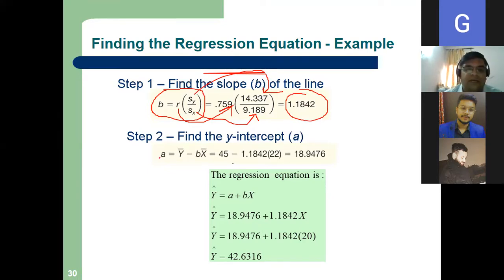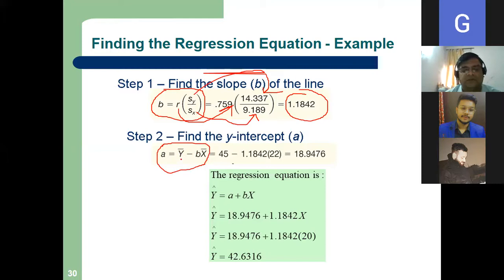Similarly, we can calculate A. I have given you the formula: A is y bar minus B into x bar.